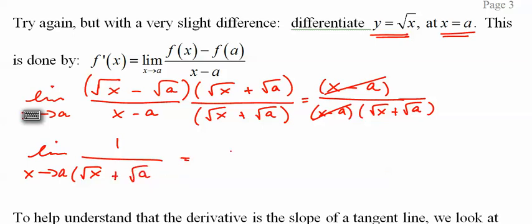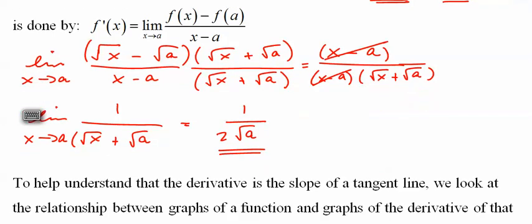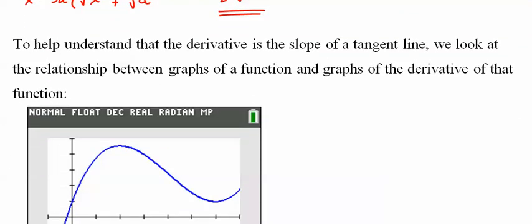Get 1 over 2 root a, because we sub in a for x, and there's 2 of them. So we'll get the same answer either way. If we had just done this with the previous technique and then plugged in a at the end, you get the same answer. I like to do the function technique and then plug in my value at the end, because then I have the function. If some jerk math teacher said, okay, now put in a different value for a, you'd be good to go.